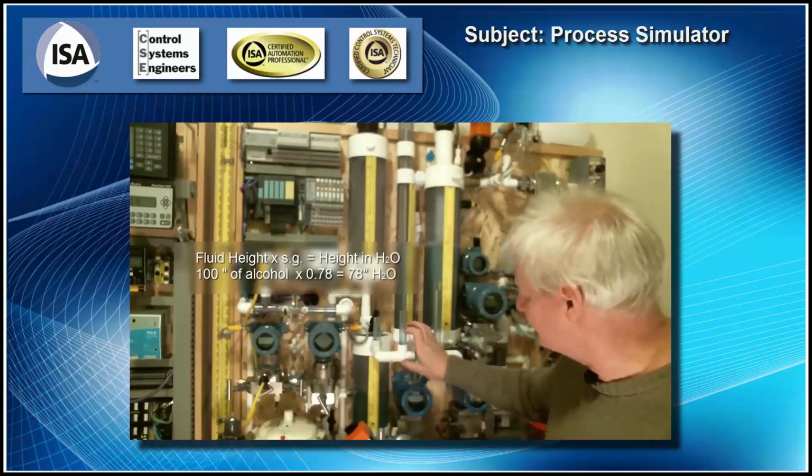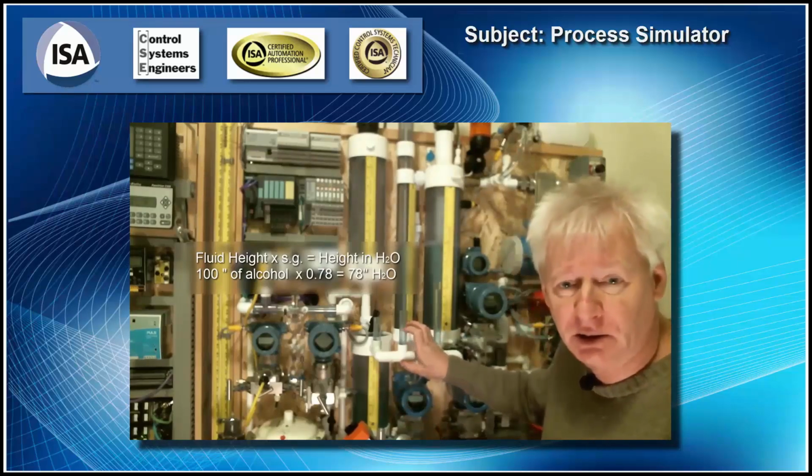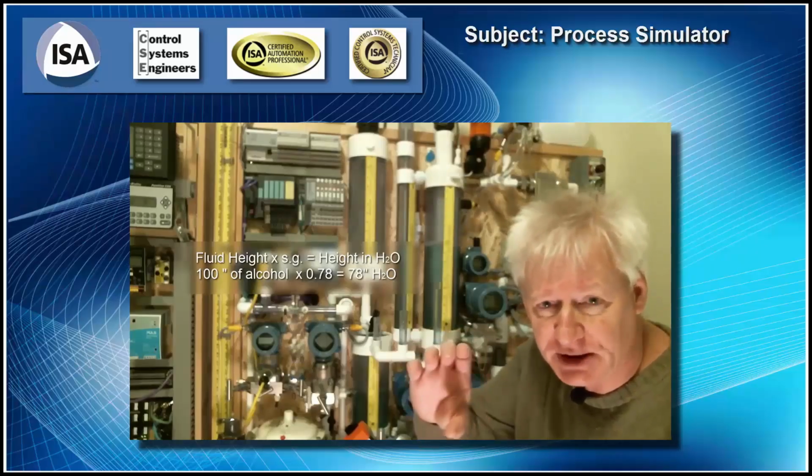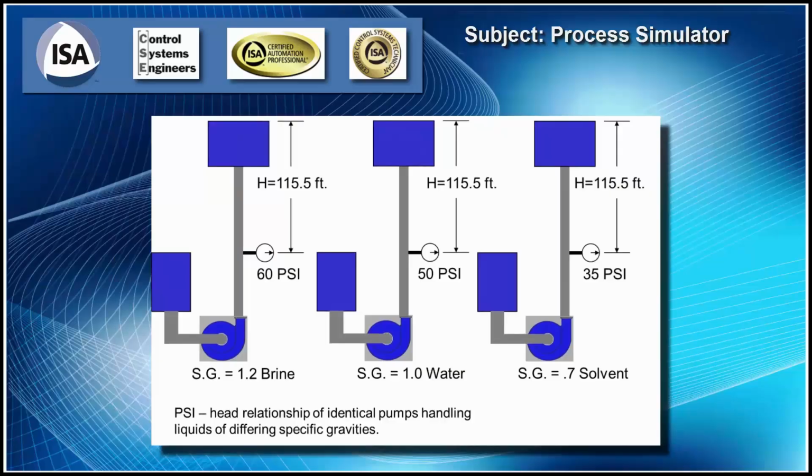In other words, if it's an alcohol and it's 0.78, it'd only be 78% of the height if it were water. So remember, specific gravity is the weight per volume of a liquid over the weight per volume of water.